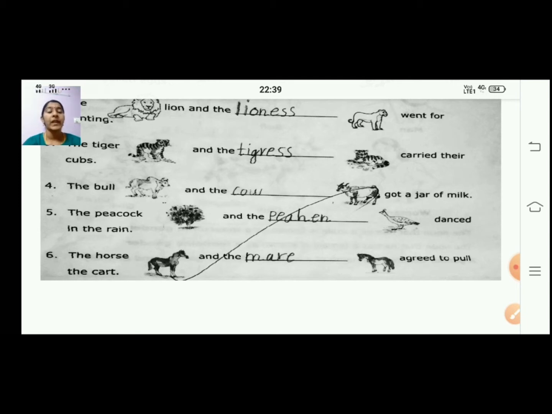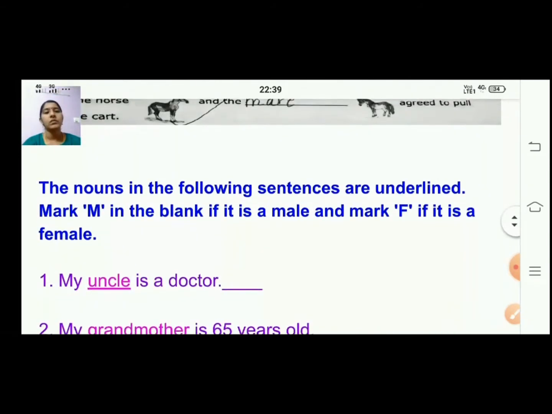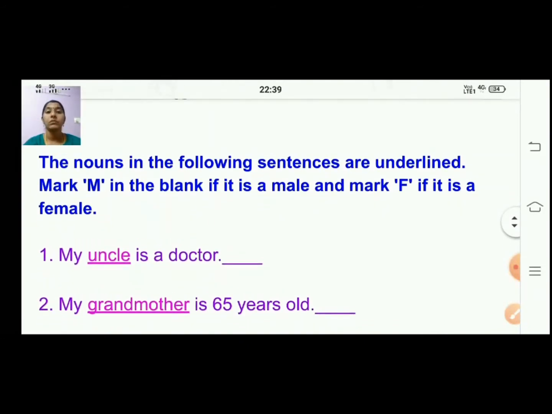Okay, children? Now this is what we are going to do now, right? The nouns in the following sentences are underlined. You can see we have put a dash below some words, right? That is underlined. Mark M in the blank if it is a male and mark F if it is a female.